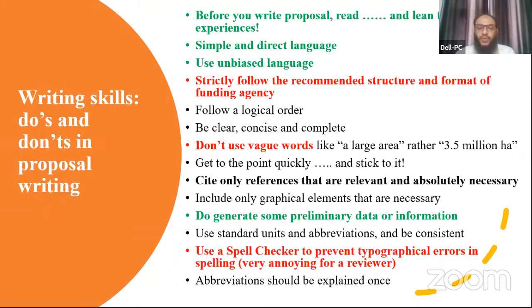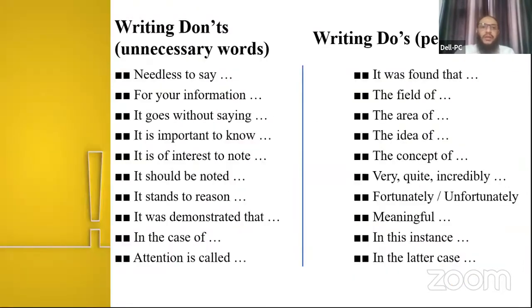Before a proposal, most of the time when we write a proposal, we use some unnecessary words, so avoid such unnecessary words in our proposal and write only the permitted standard of English phrases which are allowed for a good proposal.